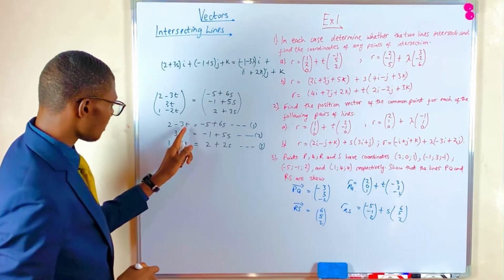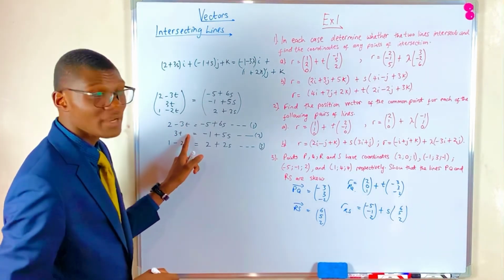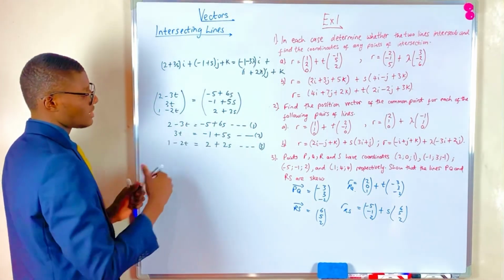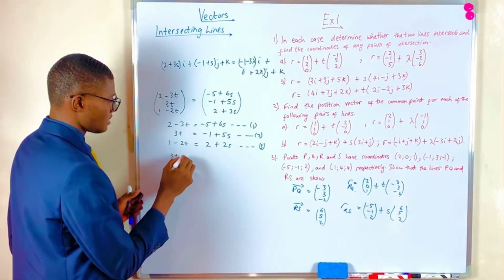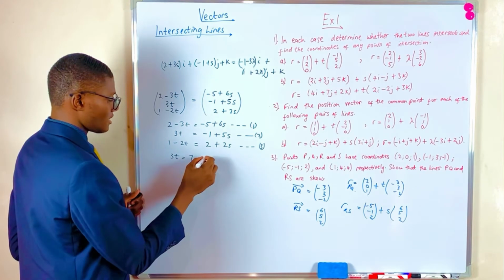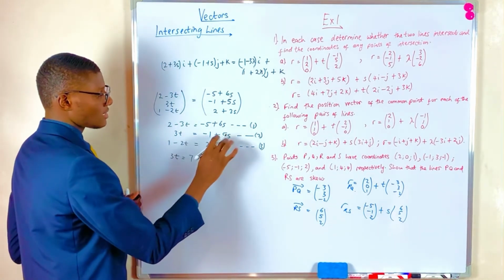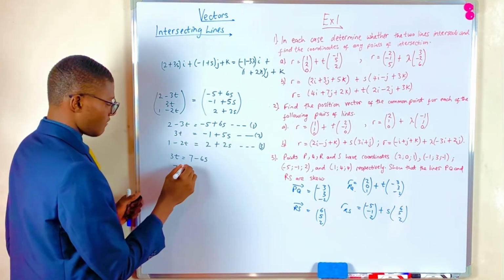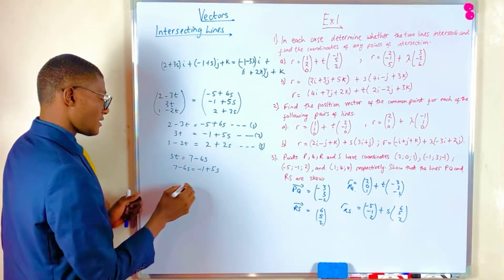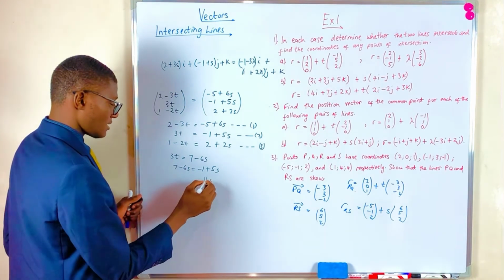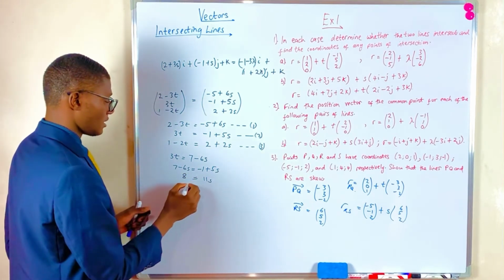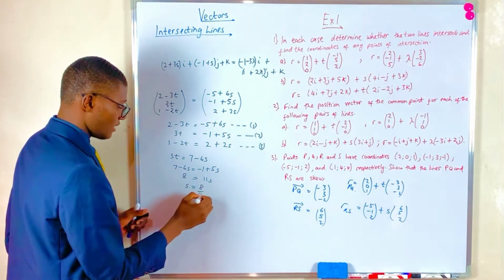So here we calculate this by substitution. Let's take equations 1 and 2. If we make 3t subject of the formula, we're saying 3t is equal to 2 plus 5, that's a 7, minus 6s. Such that 7 - 6s is equal to -1 + 5s, such that 11s is equal to 7 plus 1, which is 8, then s is 8 over 11.